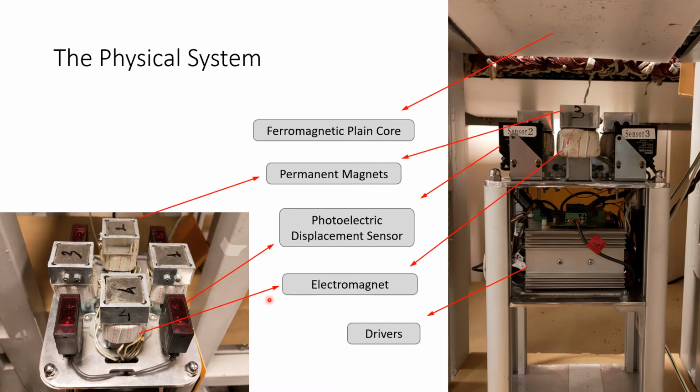The physical system is shown in this slide. We can see the electromagnets here and here. Then the photoelectric displacement sensors, which are used as feedback signals for the controller, 4 on each edge. Then we have permanent magnets, which are used to strengthen the magnetic field of the electromagnets.